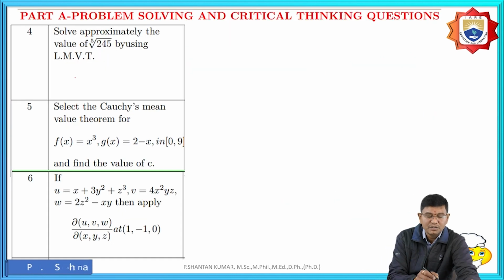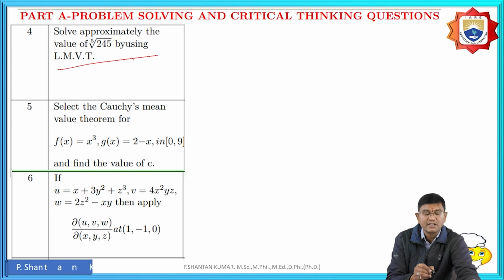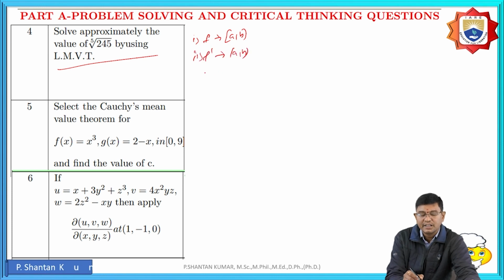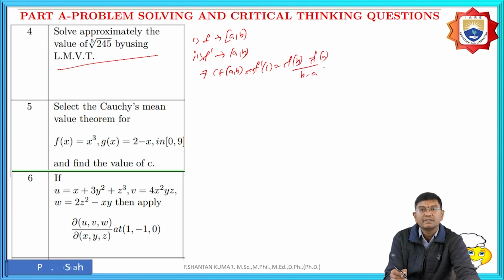And next one, solve the approximation of the value. Here also LMV is nothing but the Lagrange's mean value theorem. And here f is continuous in the closed interval a comma b, and f is also derivable in a comma b. Then there exists c belongs to a comma b such that f dash of c is equal to f of b minus f of a by b minus a.